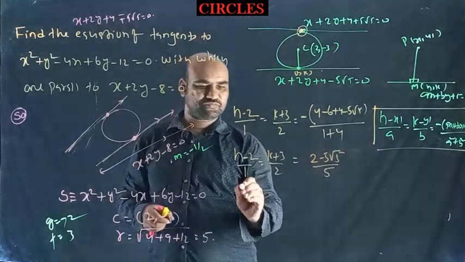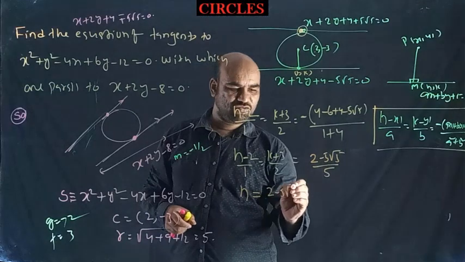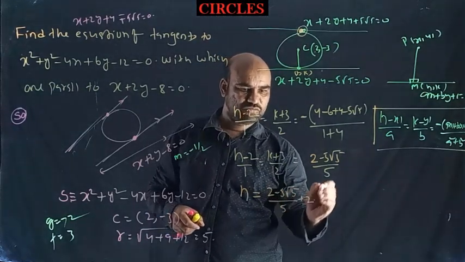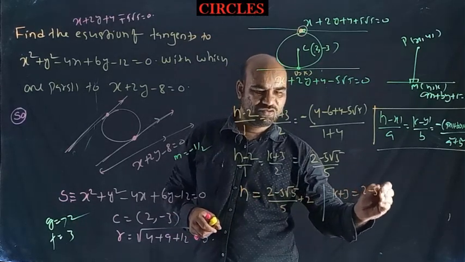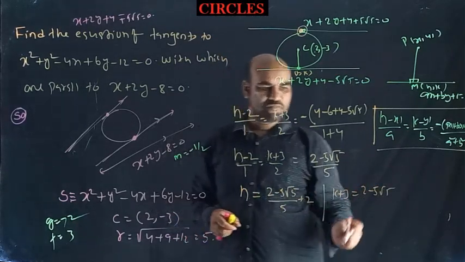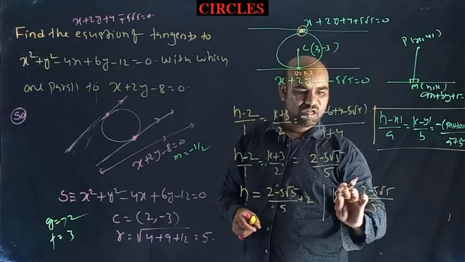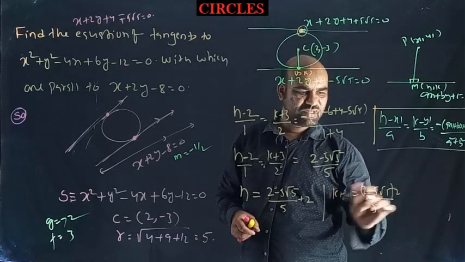I want h, so h equals 2 minus 5 root 5 by 5 plus 2, and k plus 3 equals 2 minus 5 root 5 by 5 into 2, or directly minus 3.